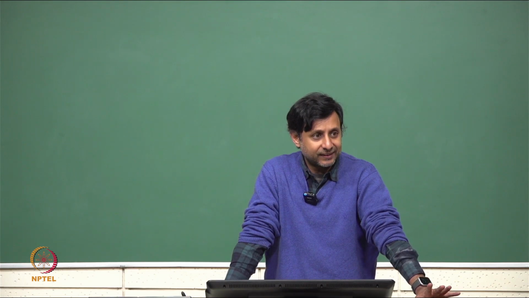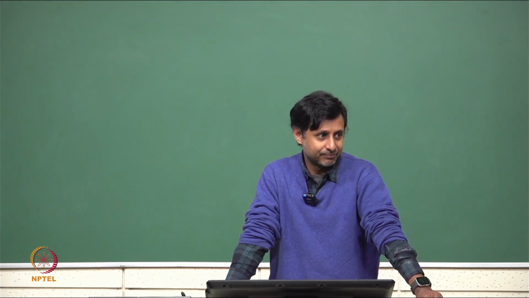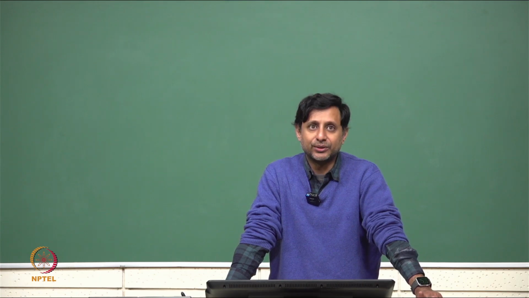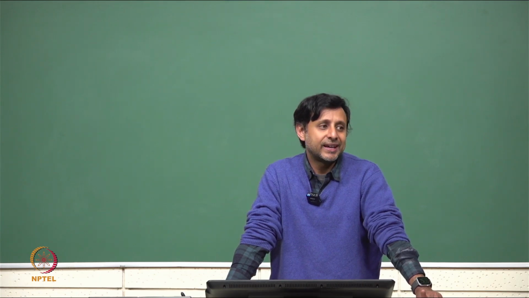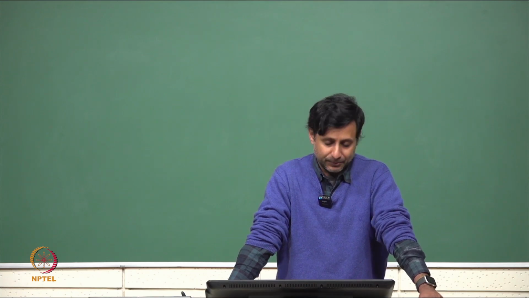So, total 6, out of which 2 we have already done, 2 are there in front of you, hybrid parameters, and then there are going to be 2 more in future.